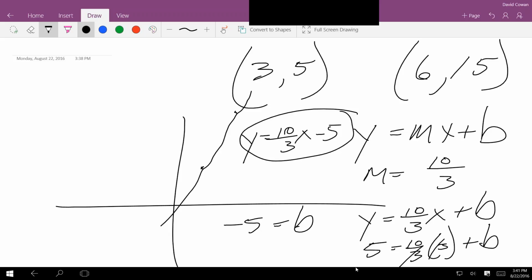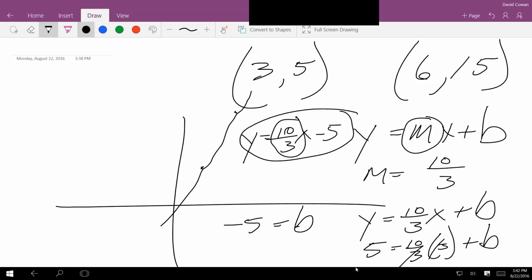What's the slope of a line parallel to that line? The line parallel, it's 10 over 3x. 10 over 3 only. In other words, this is the slope. Not 10 over 3x. It's 10 over 3. It's m. That's the slope. What's the slope of the line that is perpendicular to that?